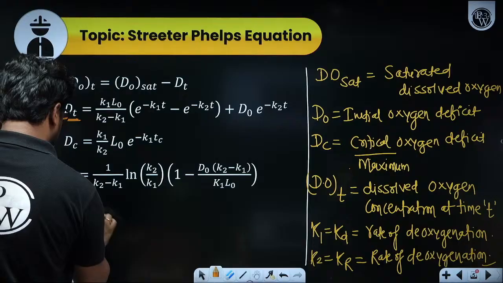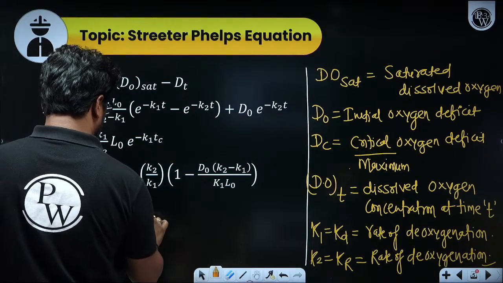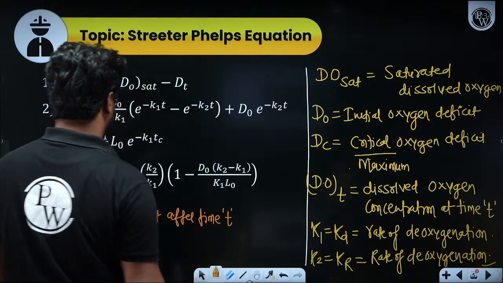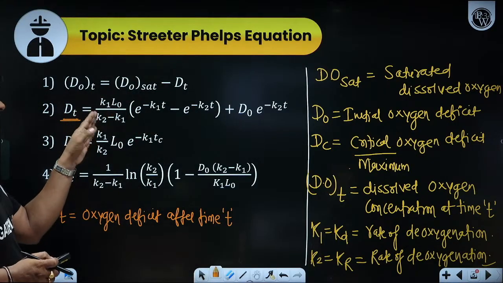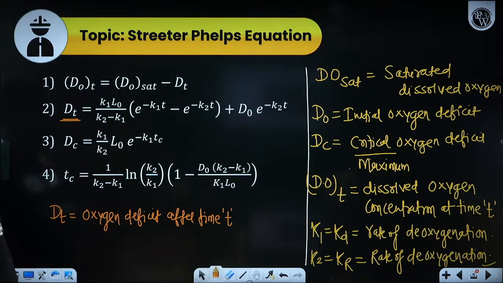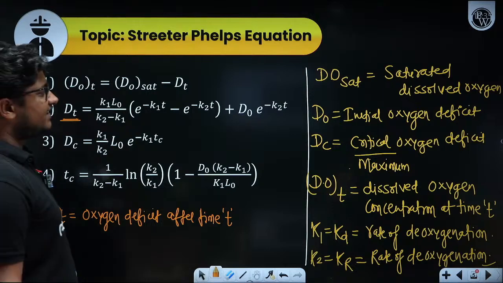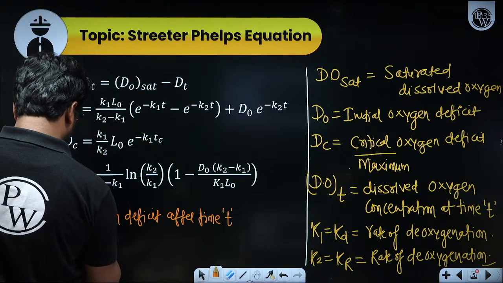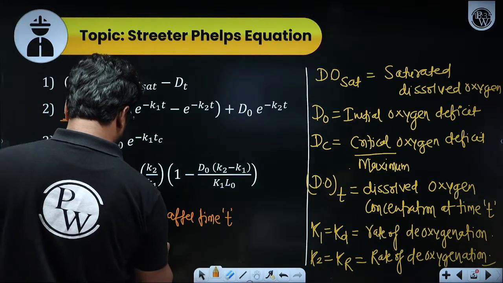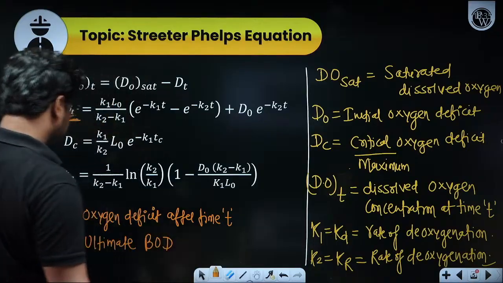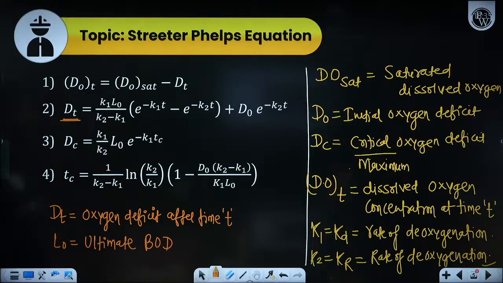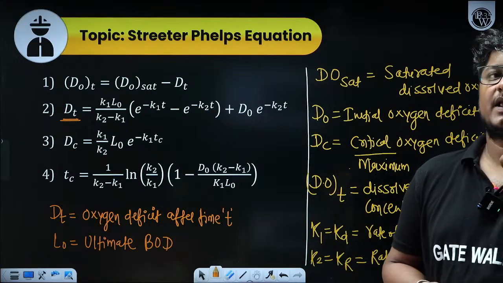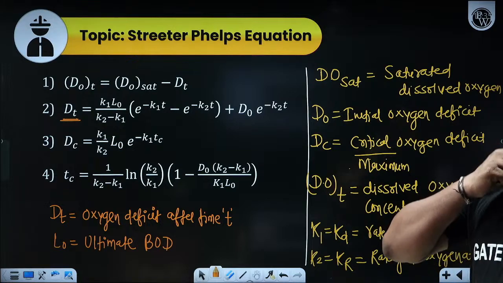DT is the oxygen deficit after time T. That will be equal to K1 into L0 divided by K2 minus K1, bracket e to the power minus K1 into T minus e to the power minus K2 into T, bracket closed, plus D0 e to the power minus K2 into T. In this, L0 is the ultimate BOD. Is that clear to all of you?